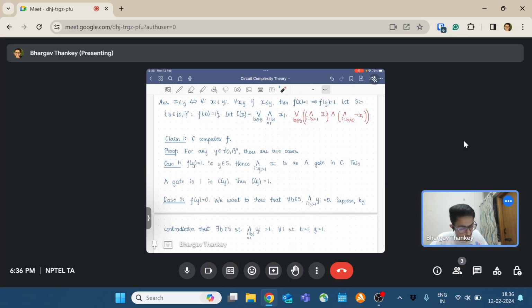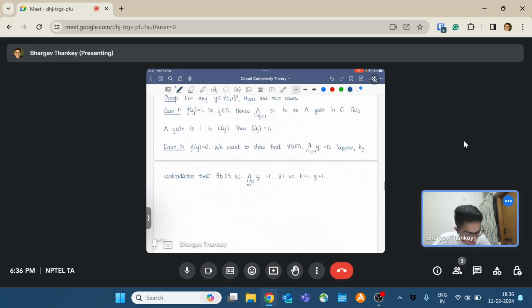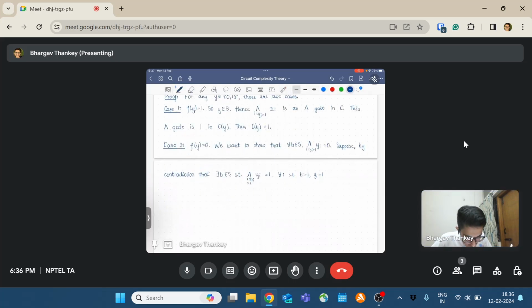Let me do one more step. This implies that for all i in n, bi is less than or equal to yi. Why? Because there are two types of i's, those in S and those not in S. For those in S, bi and yi are both 1.